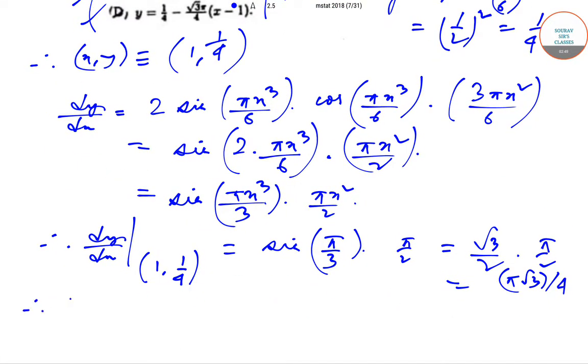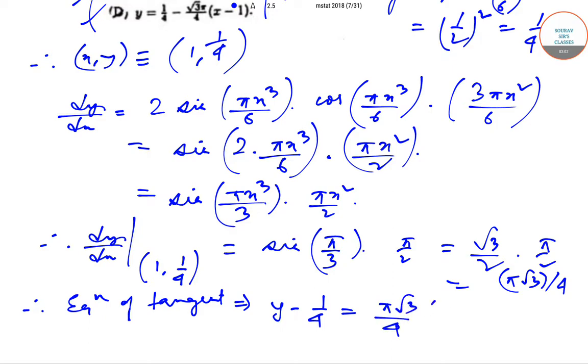So therefore the equation of tangent will be y minus 1 by 4 equal to pi root 3 by 4 into x minus 1.